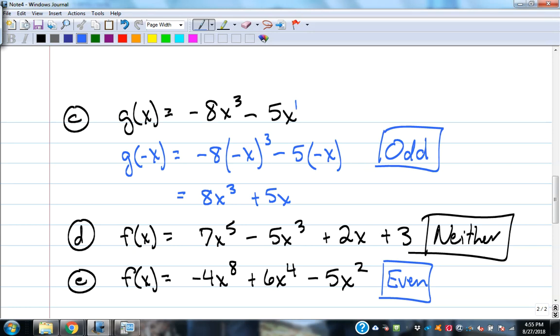If everybody has an odd exponent, it's odd. If everybody has an even exponent, it's even. If there's anybody that mixes it up, either has an even exponent and then another piece has an odd exponent, or there's a term that doesn't even have a variable, then it's a neither. Okay? Odd, even, or neither. Okay?